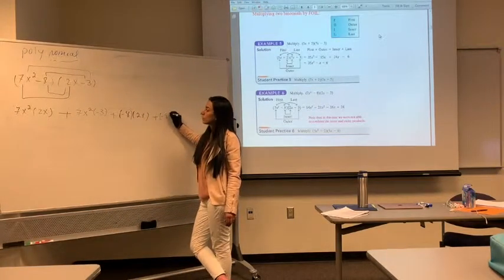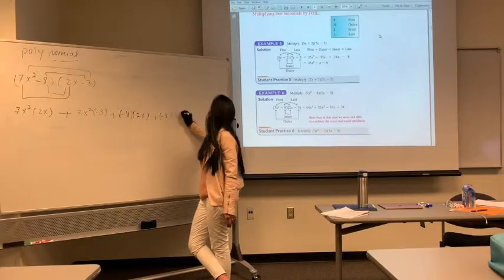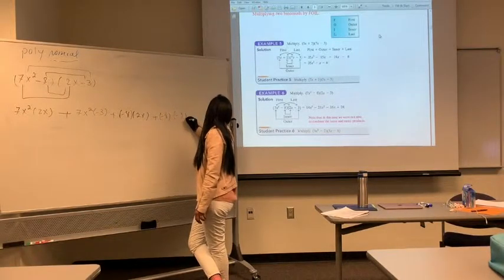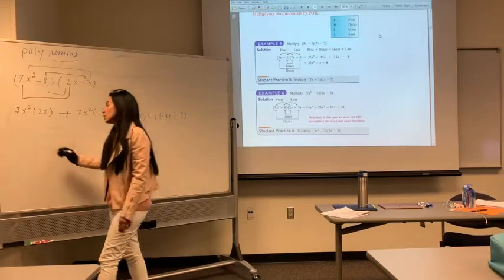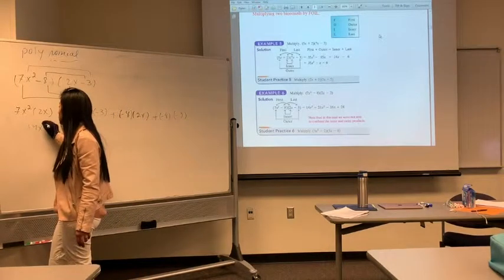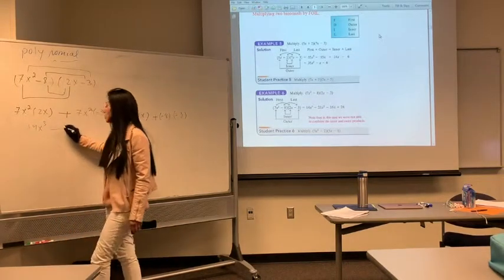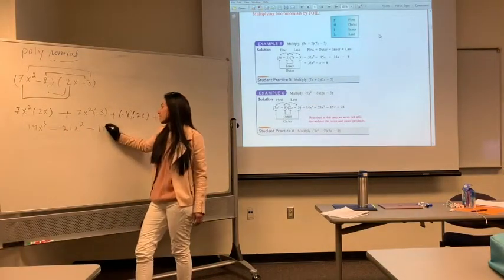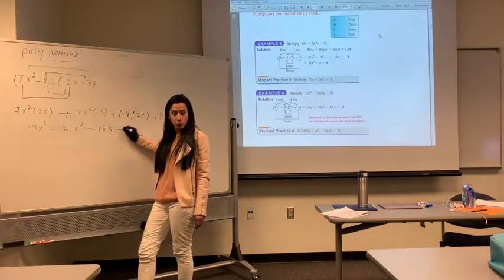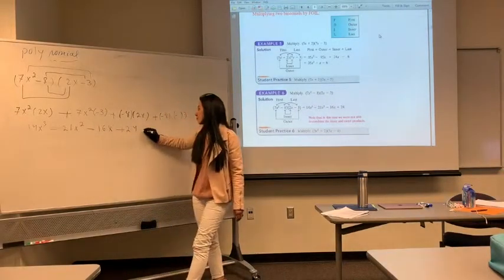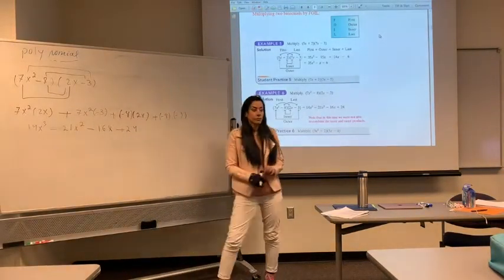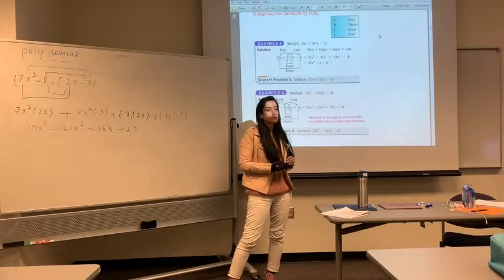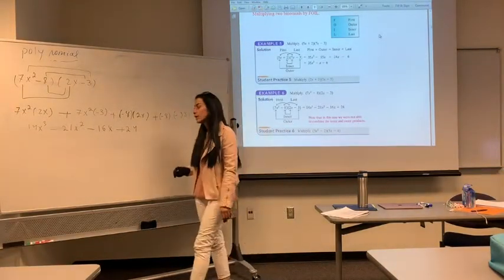So negative 8 multiplying negative 8. Am I right? Right? What else?